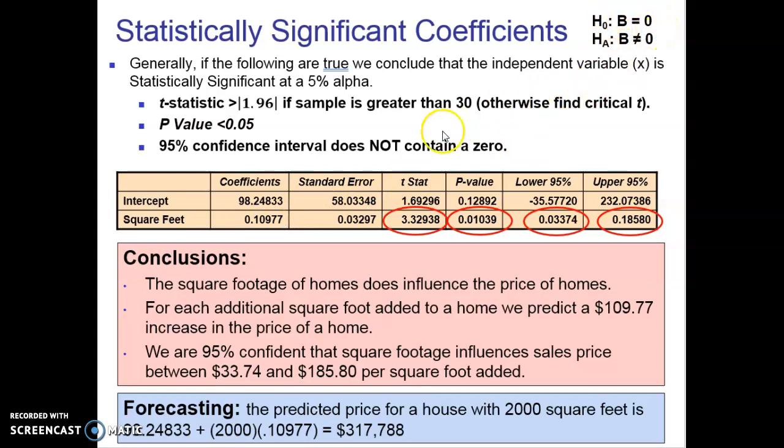In fact, if you take this number here, 0.10977, and you divide it by the standard error, 0.03297, you will get 3.32938, which is the t-stat.